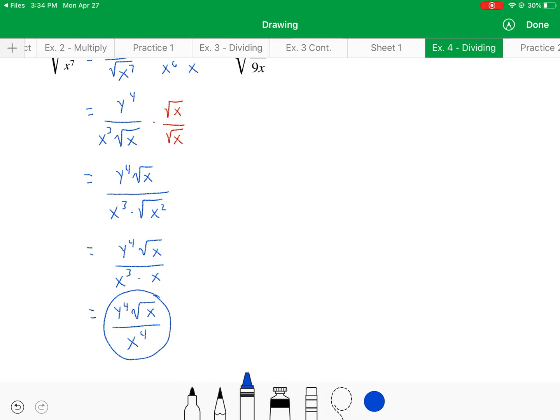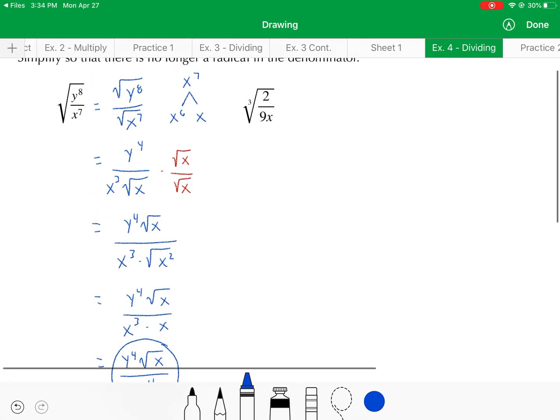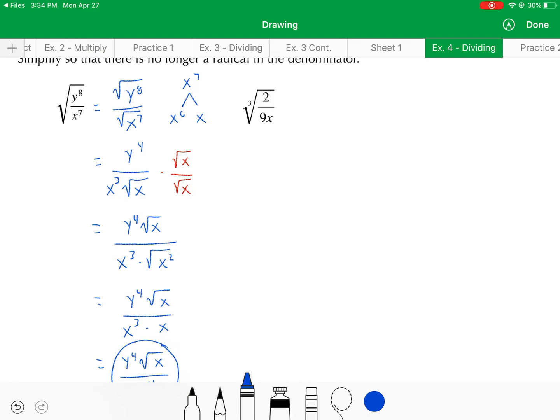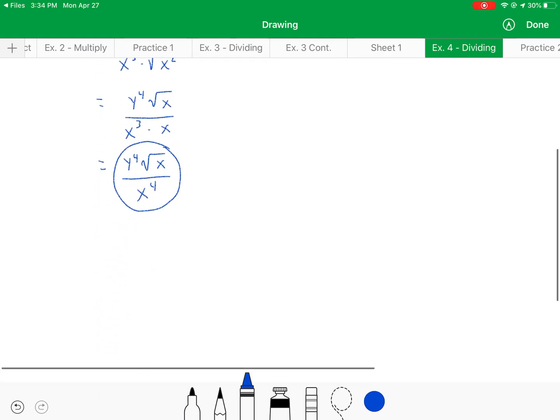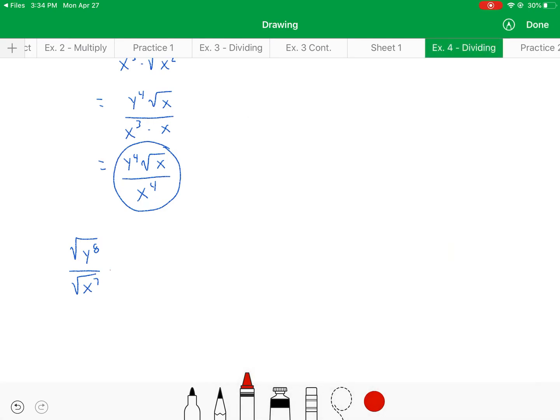Okay. All right, now notice in that approach, if we go back and look from the beginning, I chose to simplify the radicals right away before I did my rationalizing. I could take a different approach. I could start with square root of y to the 8th over square root of x to the 7th. And I could have just multiplied by square root of x over square root of x right away.